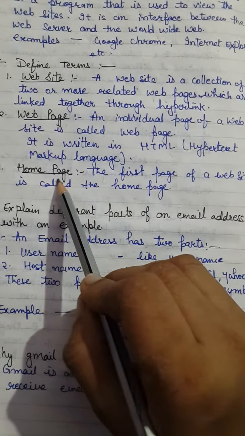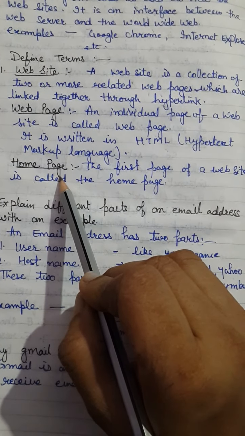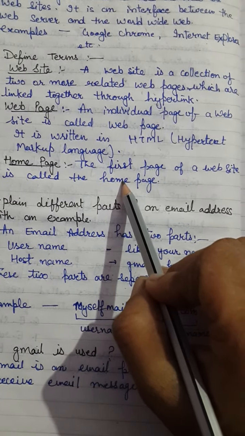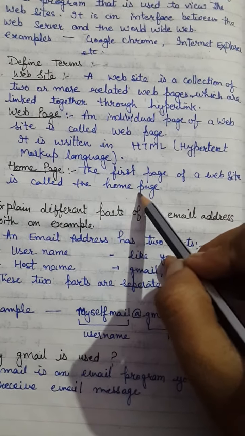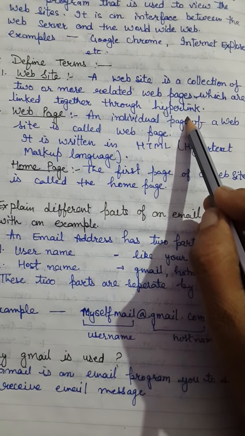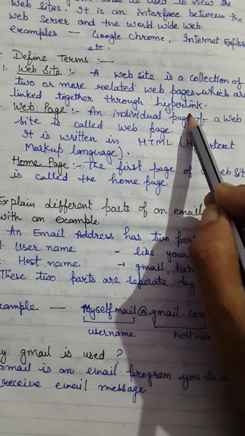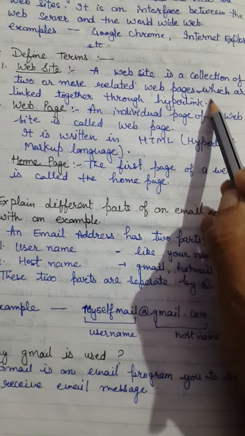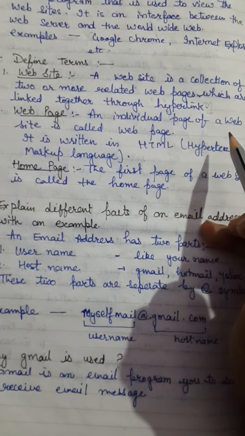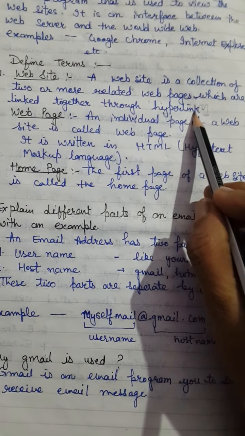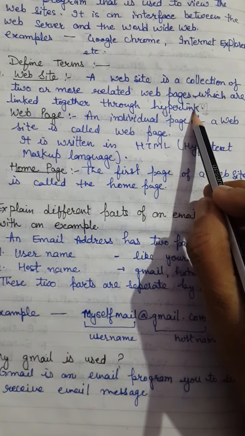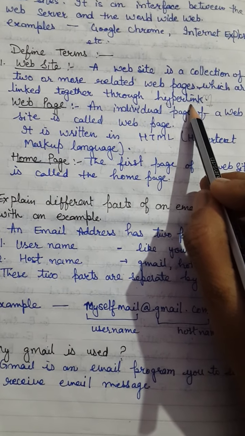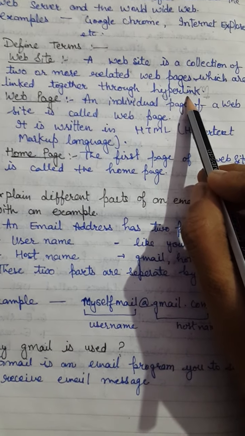On the home page, the first page, there are so many hyperlinks connecting to particular pages. With a hyperlink, when you move the mouse pointer over that particular word, a hand will be shown, a thumb hand on that word. That is called hypertext. When you click on the hypertext, it will link to another web page. That process is called hyperlinking.